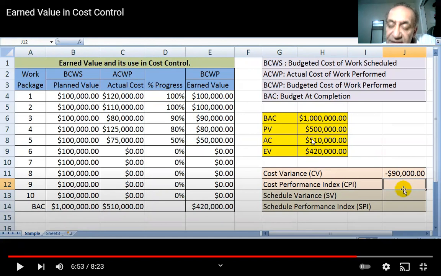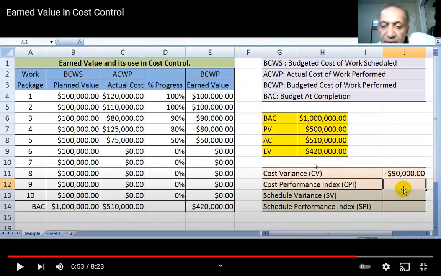What you really did is worth 420, not even 500, because for the progress of the work, you didn't complete all the stages. For that reason, the EV minus the AC will give you the variance.